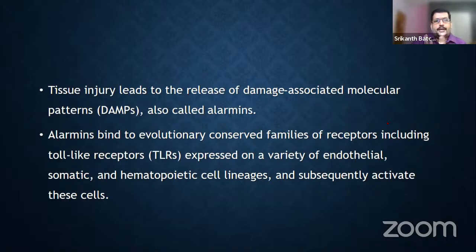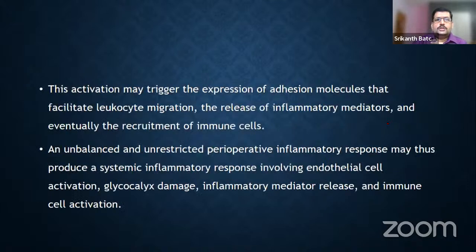The alarmins bind to evolutionarily conserved families of receptors, including toll-like receptors, expressed on a variety of endothelial, somatic, and hemopoietic cell lineages, and subsequently activate these cells. So what happens next?